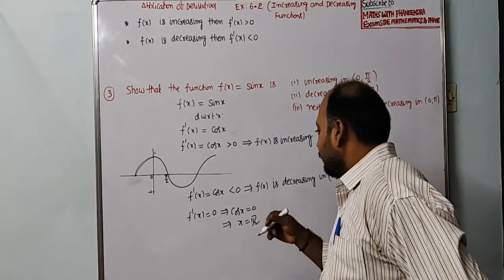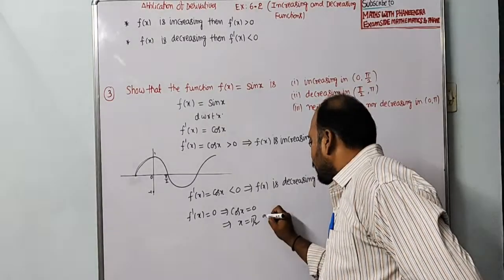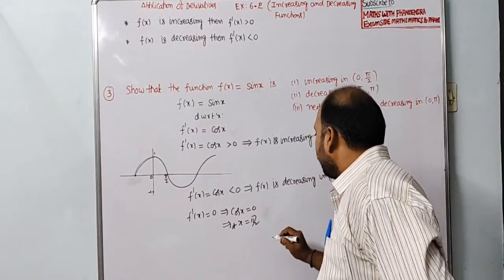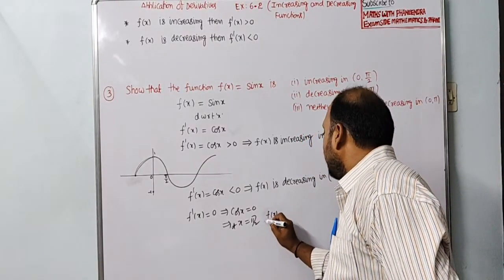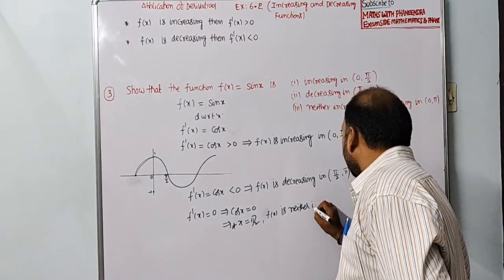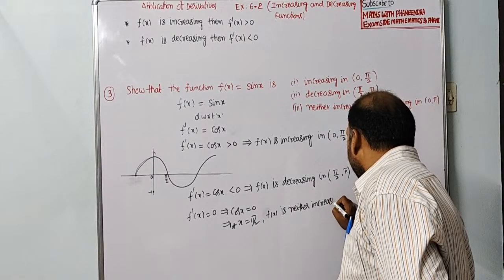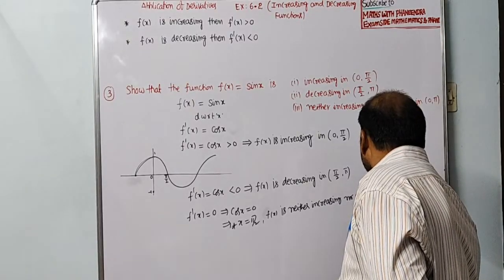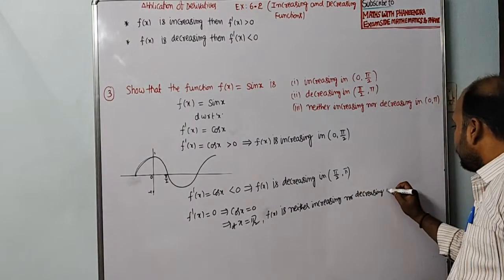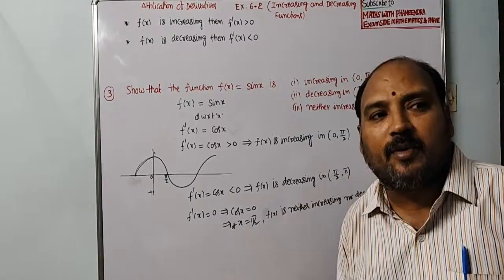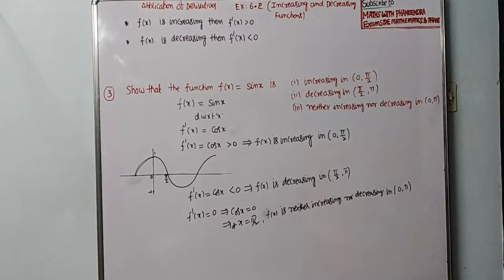So at x equal to pi by 2, f of x is neither increasing nor decreasing in the open interval 0 comma pi. This is the way you can prove the given result, dear students.